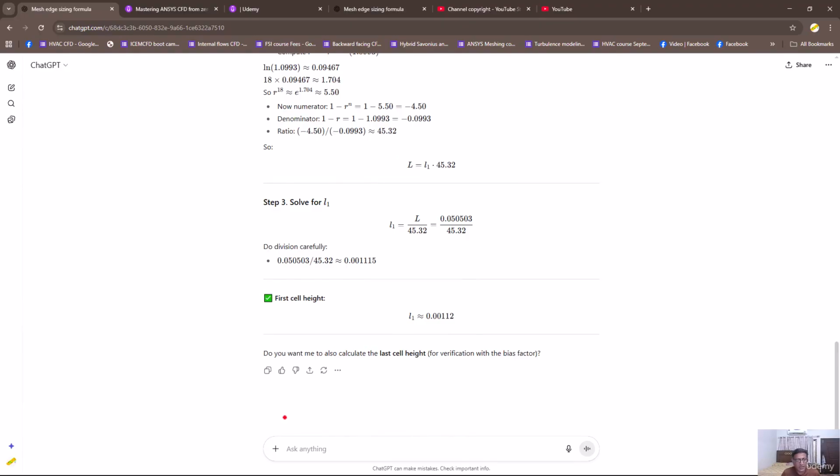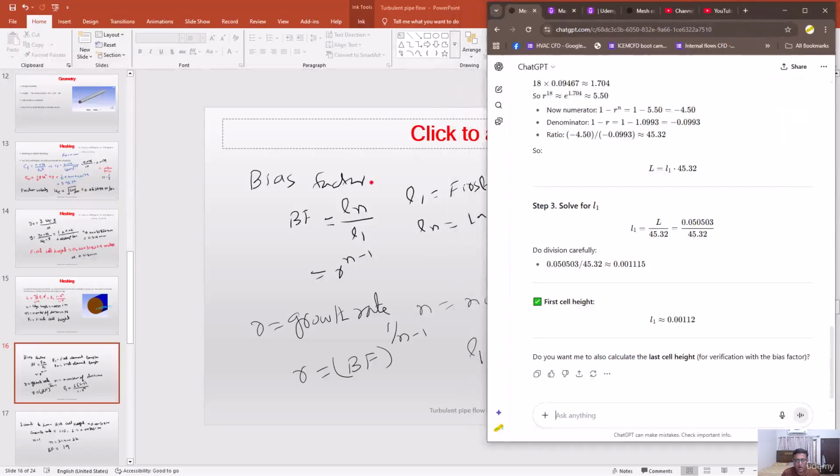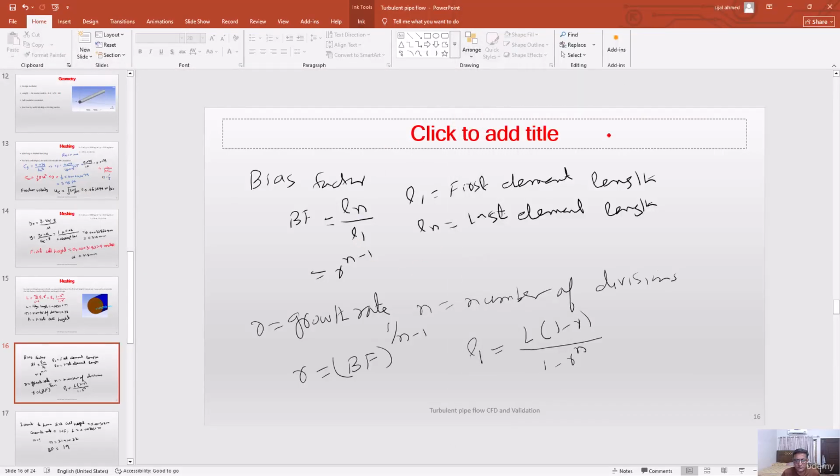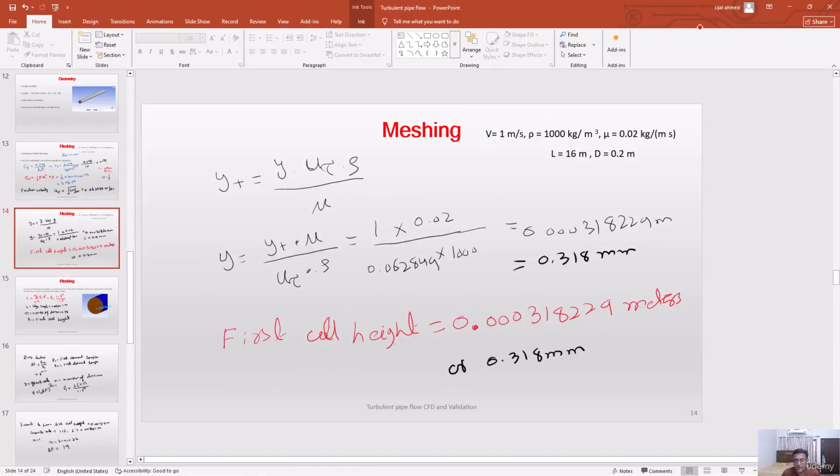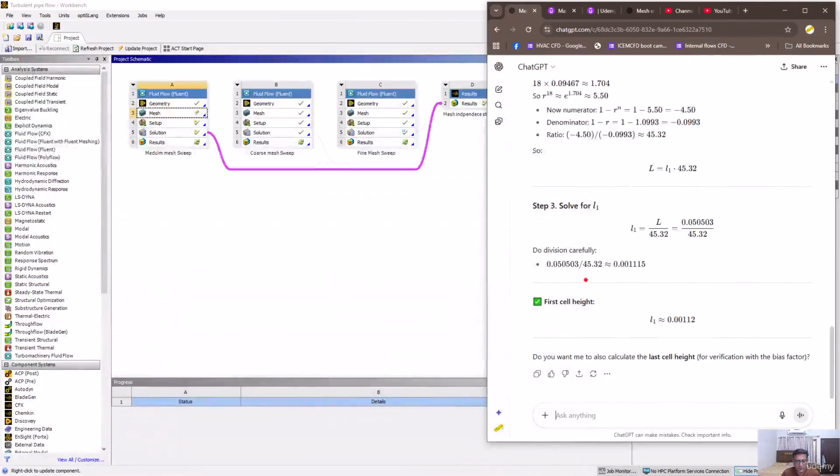But what I am saying here is that I want my first cell height. Let me show you.